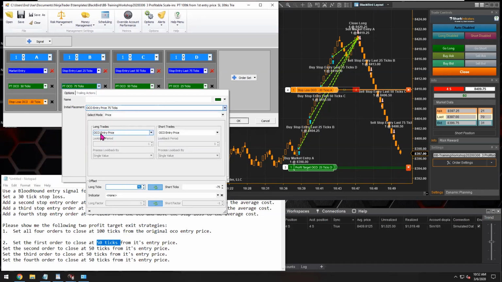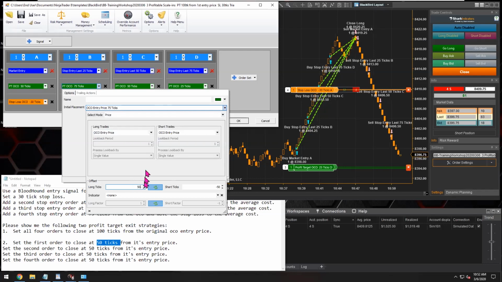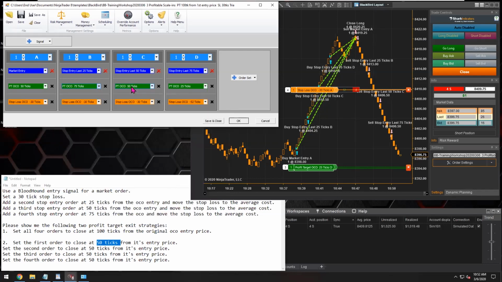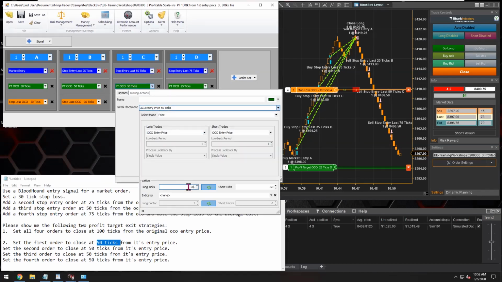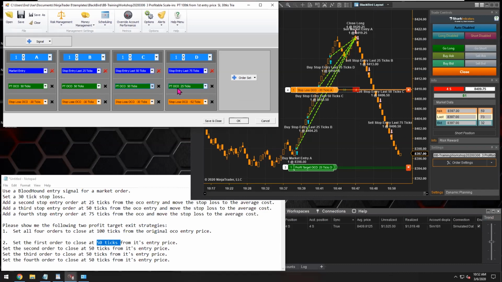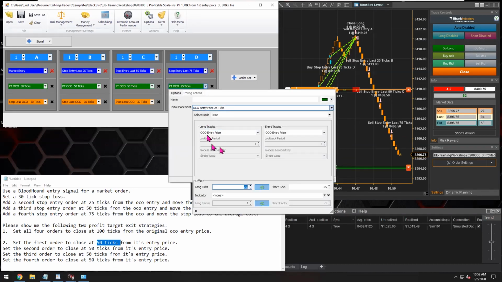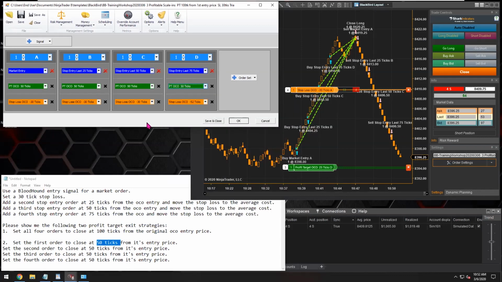We're taking the OCO entry price and adjusting all of these to 50 ticks. This one's already 50 ticks, and this last one here, set that to 50 ticks. And there we go. Simply put, that's how you do that one.